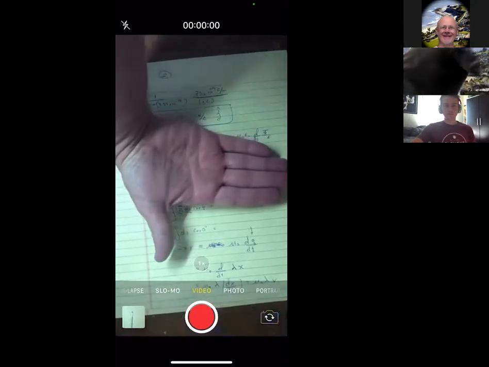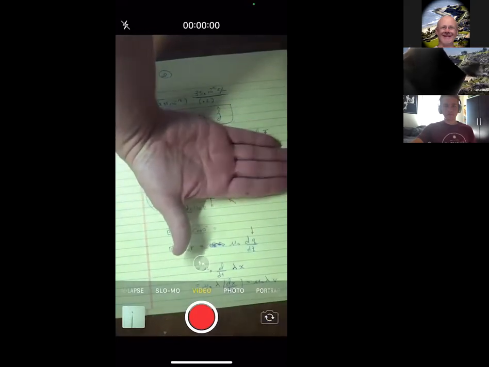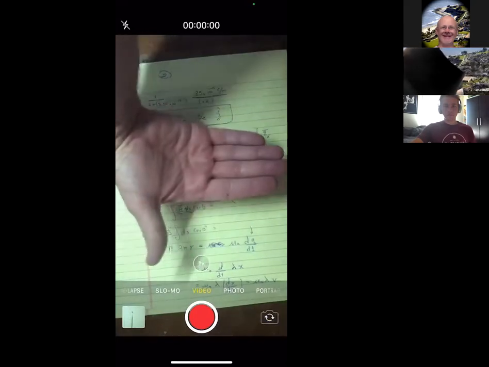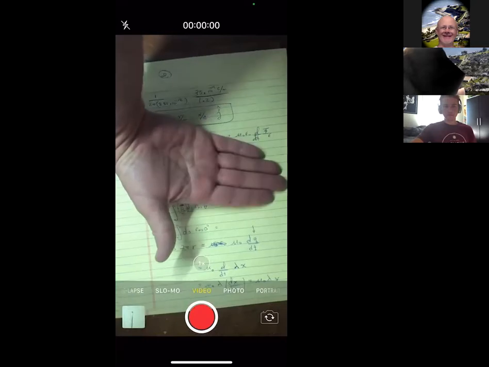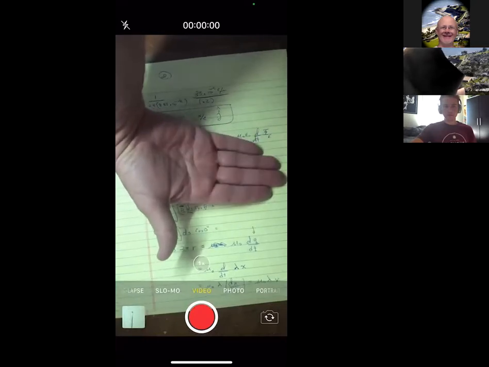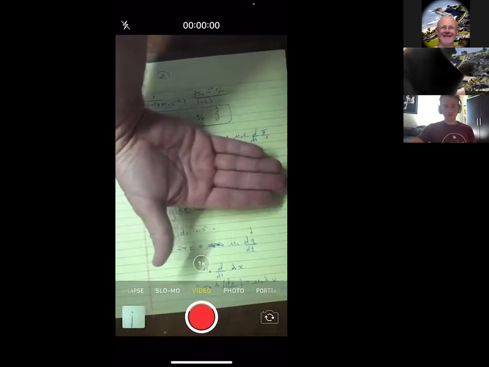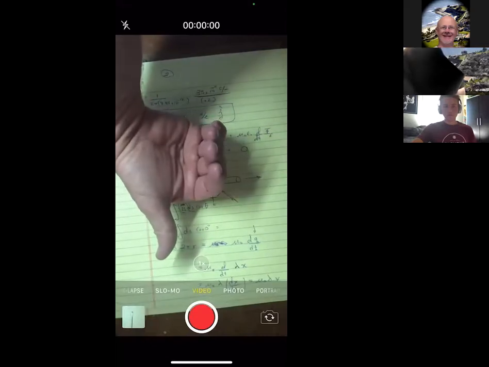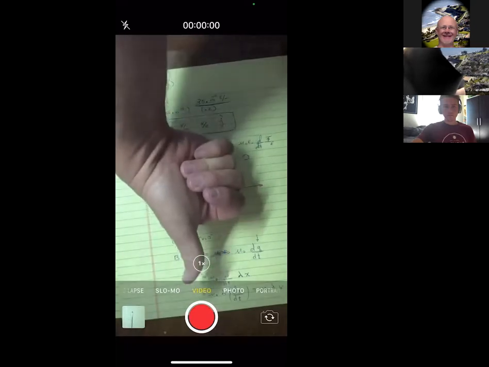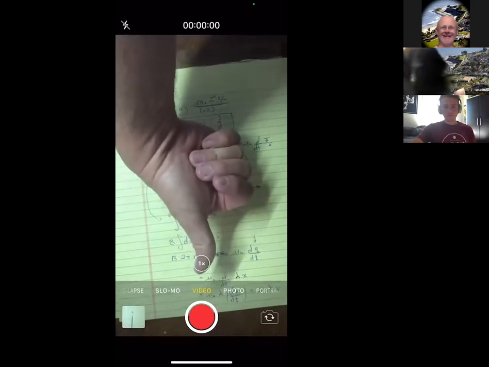I'll call the Z direction towards the camera here. So V is in the direction of my fingers. If I close it in the Z direction, well, that would be an X cross a Z. I would get a negative Y direction.